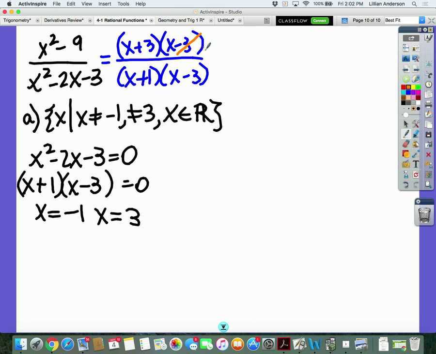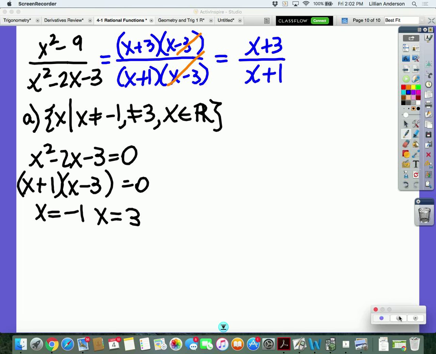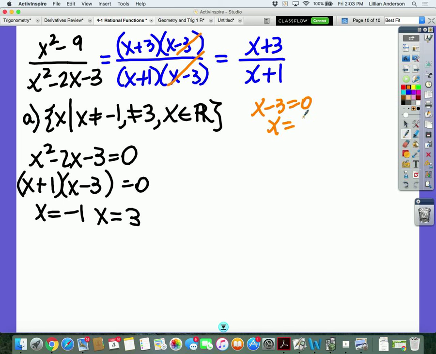The x minus 3's cancel out, leaving you with what? What are you left with? x plus 3 over x plus 1. To find our hole, we take the canceled out factor, set it equal to 0. So x equals what? 3. That's the x coordinate of your hole.